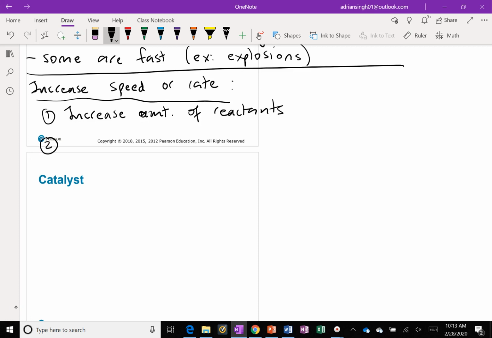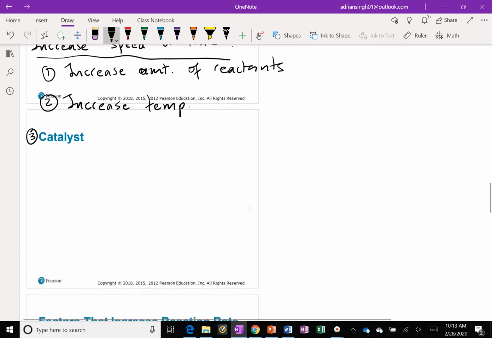Secondly, we could increase the temperature. If you increase the temperature, you increase the kinetic energy, or the energy of motion of the particles. As they start moving around more, they're going to collide more frequently, and as a result, the speed of the reaction is going to increase. The third thing we can do is to use something called a catalyst.